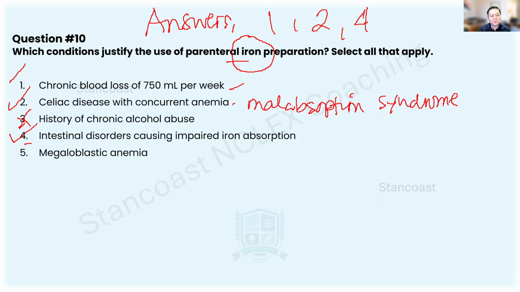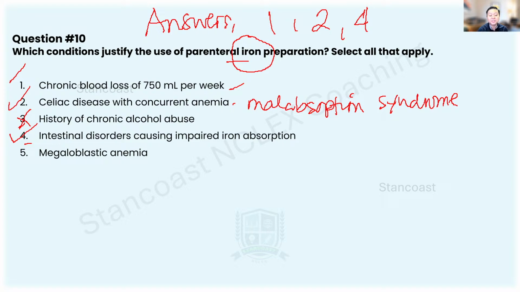Now, what about number 5? Megaloblastic anemia. Do you remember what that is? This is the type of anemia that is primarily associated with the deficiencies in vitamin B12 or the folate rather than the iron deficiency. And so this is not going to be related to that.